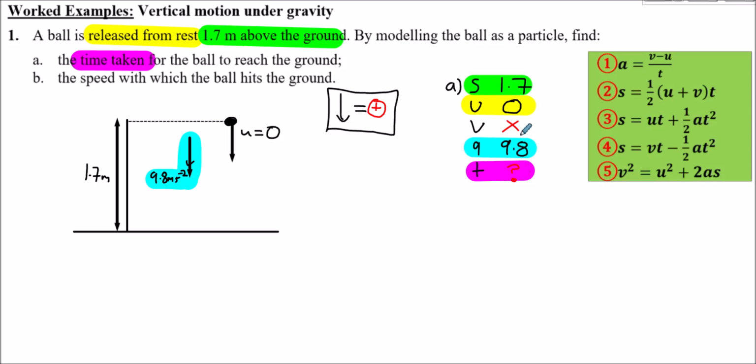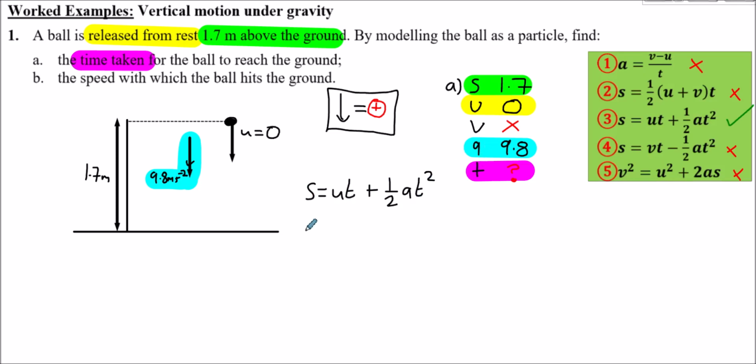So we don't care about v, so we need any formula that doesn't involve v. That does involve v, so that's no good, that's no good, that's no good. So again, weirdly, you find that s equals ut plus half at squared is used probably more than most. So for part A, we're going to use s equals ut plus half at squared, and fill in what we know.